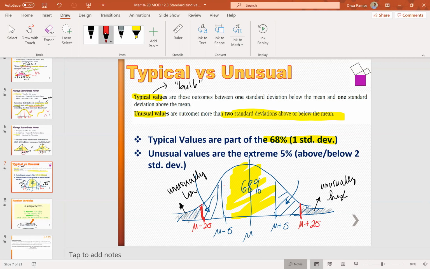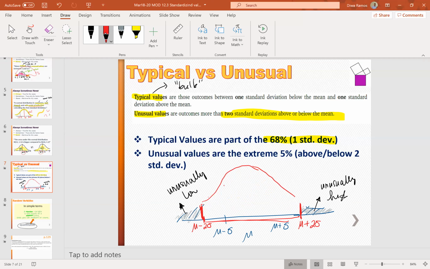How many percent is confined within two standard deviations from our last discussion? Do you remember that? So how much percentage is here within two standard deviations? Remember, we had an empirical rule, which is 68 for the first standard deviation, 95, and 99.7. So for two standard deviations, there's already 95% of the data found within two standard deviations.